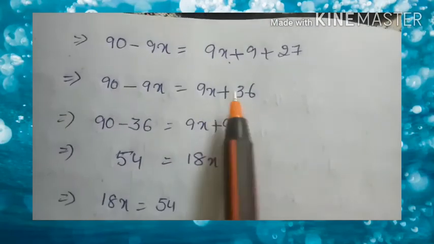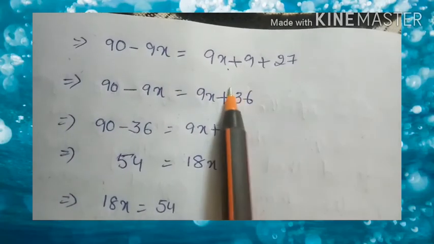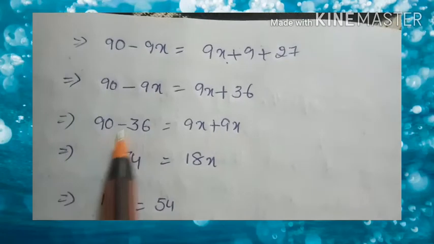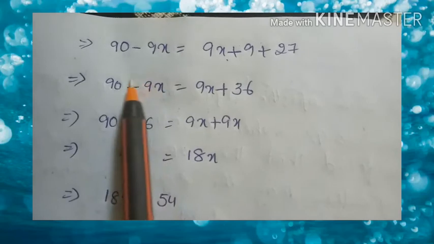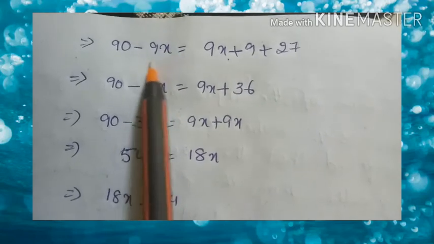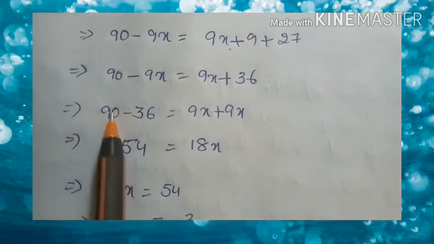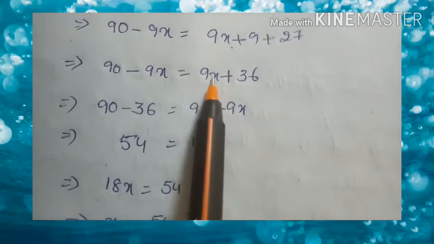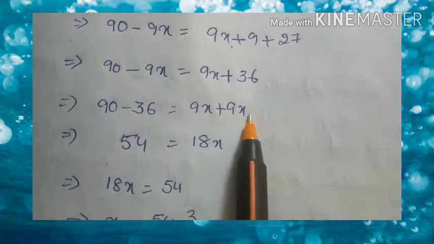So I separate the variables and constants. I transpose this 36 from right hand side to left hand side. It becomes 90 minus 36 is equal to 9x, and minus 9x I transpose to the other side, it becomes plus 9x.